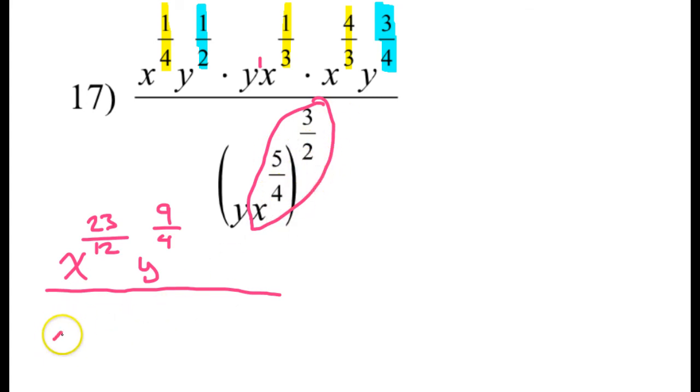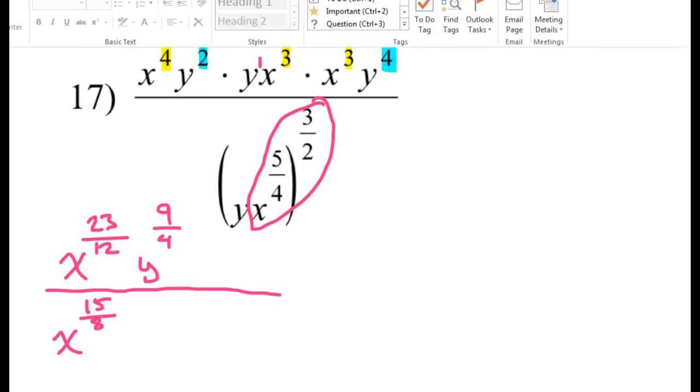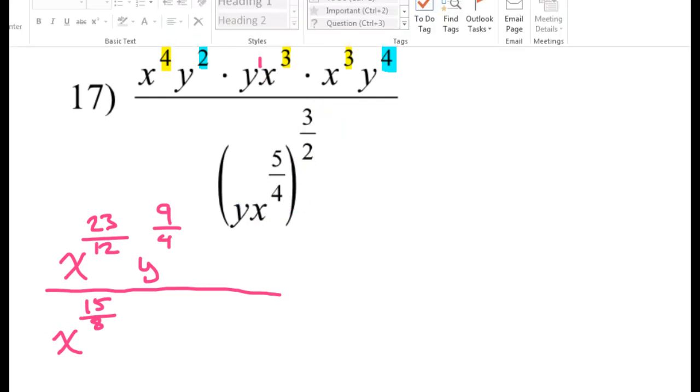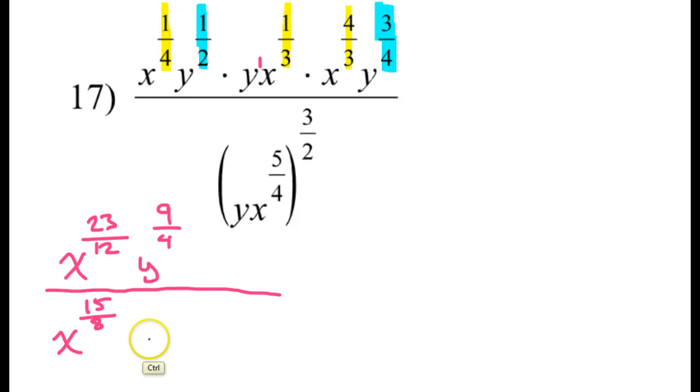So that's going to be x to the 15/8 power. When I do y to the 3/2 power, that's all I'm going to get, y to the 3/2 power. So there you go. Now that I've cleaned up the numerator and the denominator, I need to divide by subtracting the exponents.